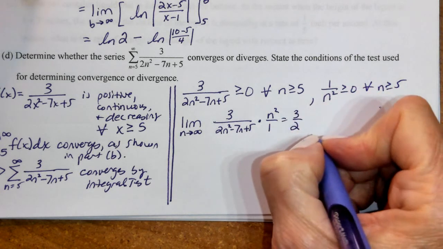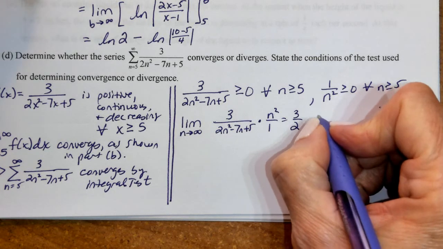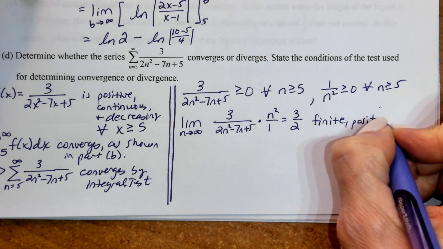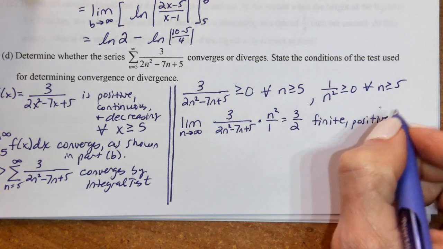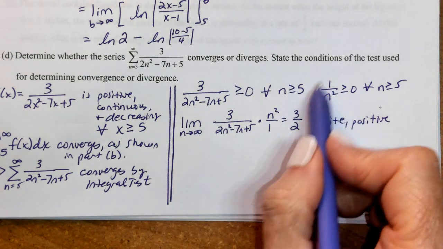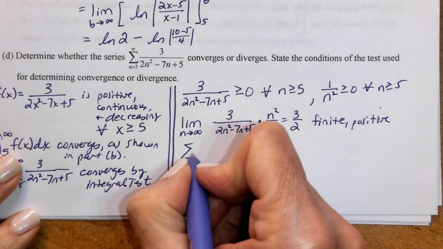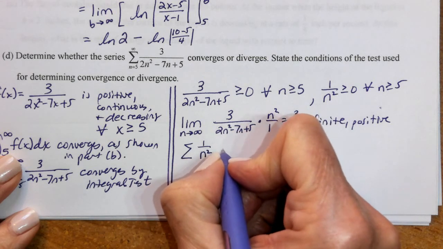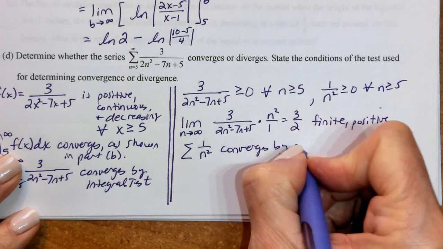For the limit comparison test, we were looking for finite and positive, and we got a finite and positive value for our limit. So our series does whatever the series we're comparing it to does. Now I need to say that the series for 1 over n squared converges by p-series test.